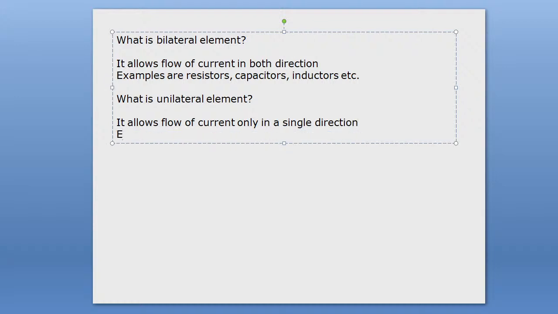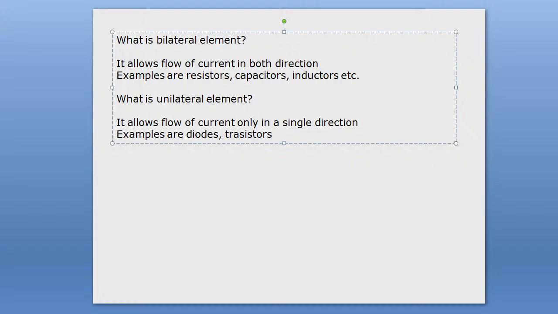Examples are diodes, transistors, etc. Okay, good.